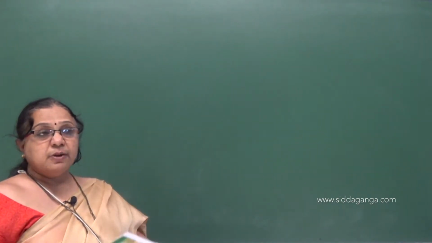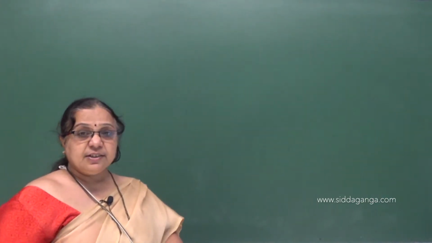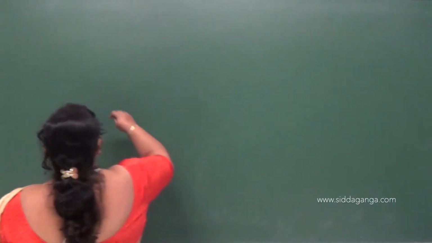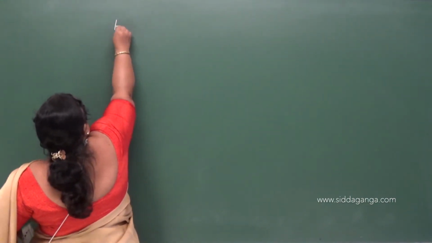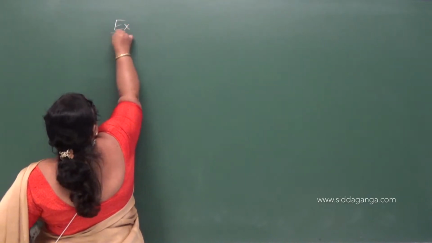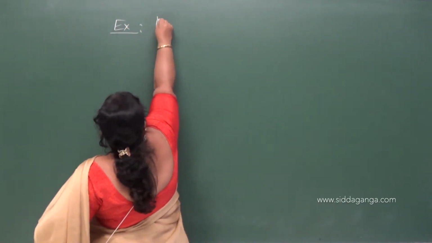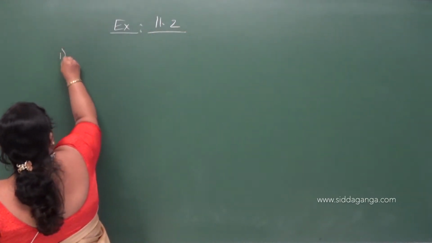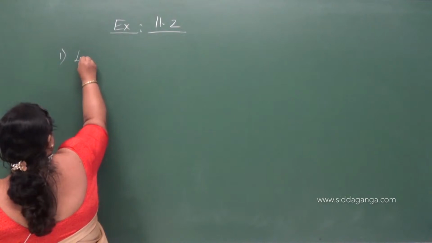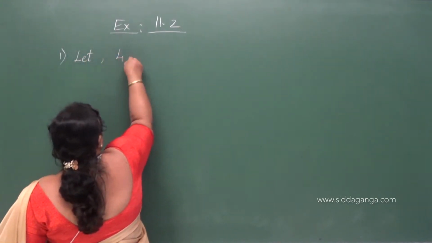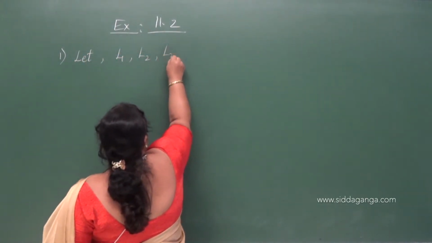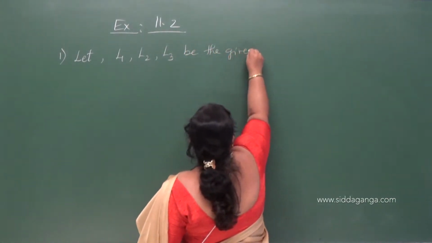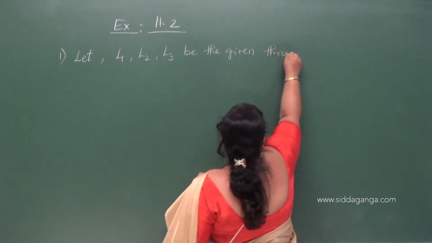So now you take the three lines as L1, L2 and L3. Exercise 11.2, the first problem in this exercise. Let L1, L2 and L3 be the given three lines.